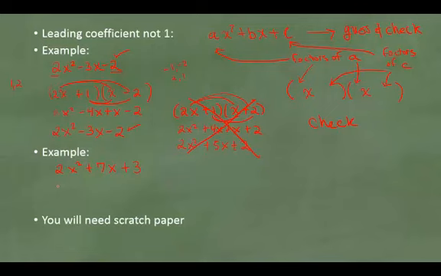Okay. Let's make a guess. Factors of 2. 1 times 2 is 2. 2 times 1 is 2. So those are only factors. So let's go ahead and write down 2x and x. What are the factors of 3? Just 1 and 3, or 3 and 1.